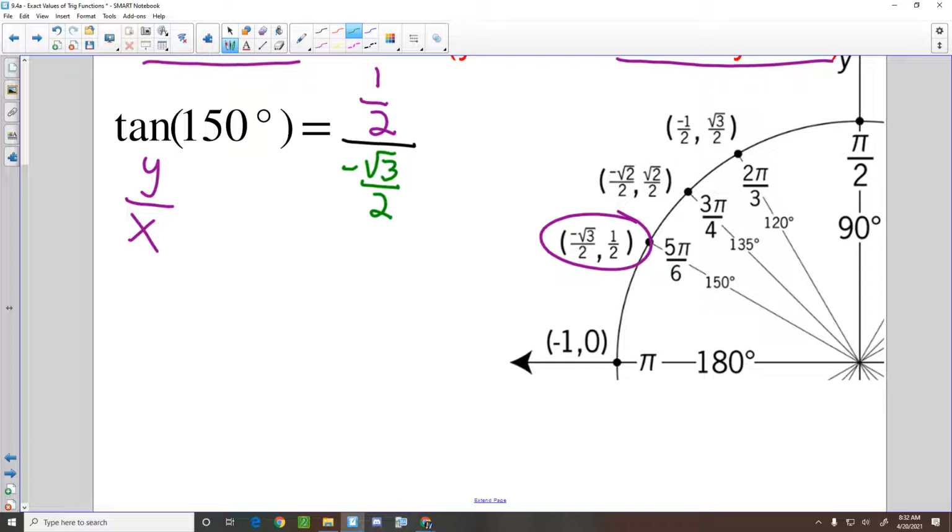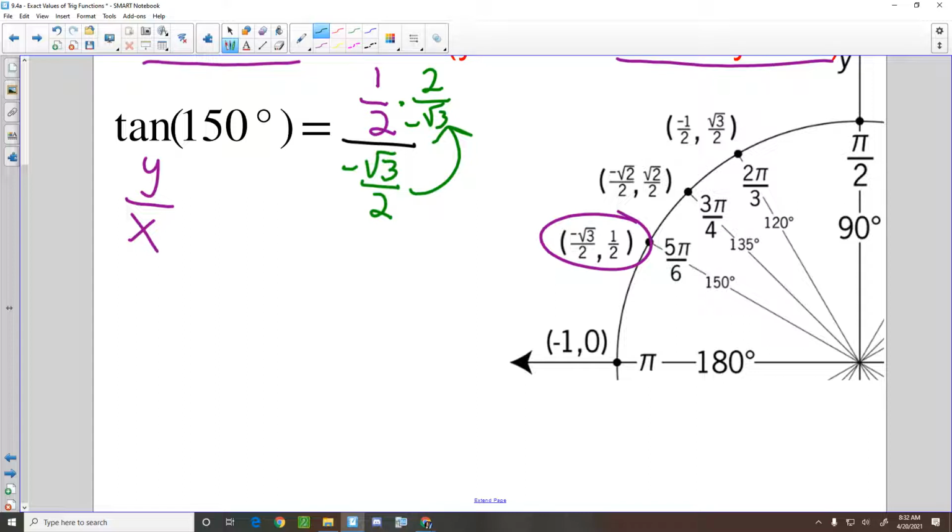So simply take the fraction that's on the bottom, flip it upside down, and multiply it. So I'm going to take this negative root 3 over 2, make it a multiplication problem instead, and flip that fraction upside down. I'm going to put the 2 up top and the negative root 3 in the bottom.